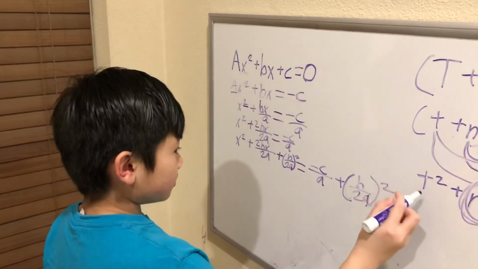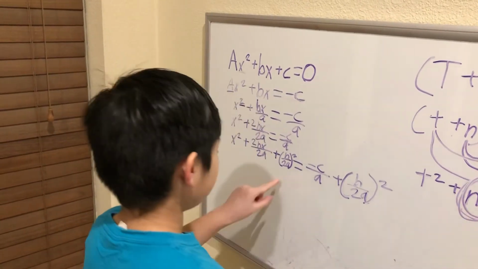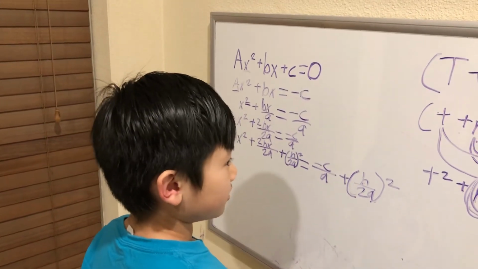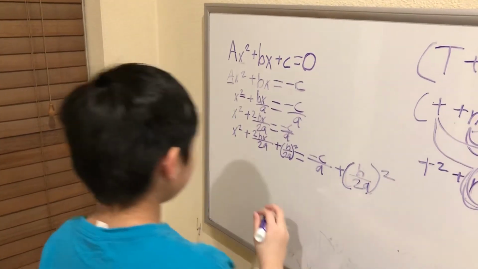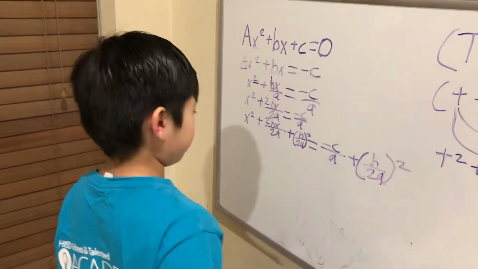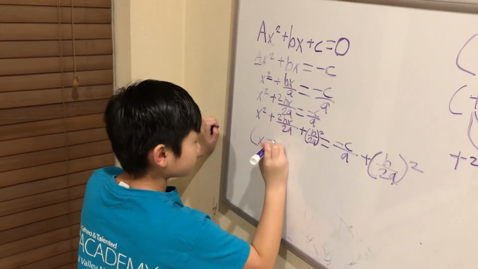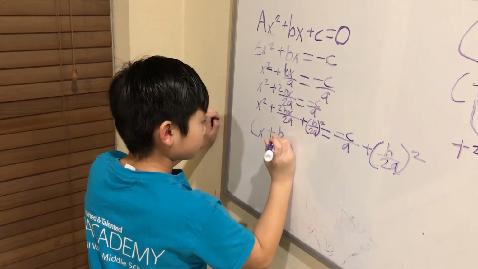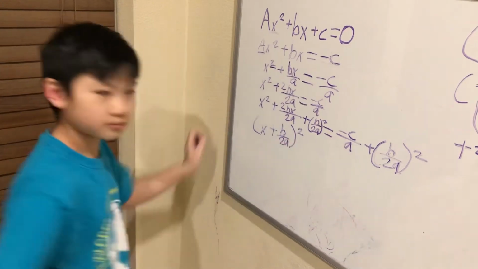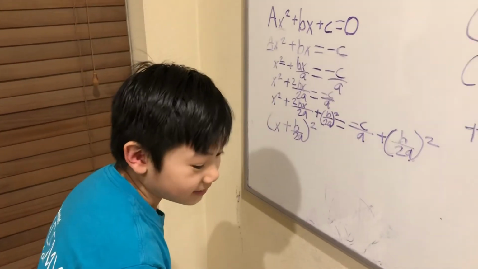So now, t squared, x squared, n squared, whatever this is, and 2tn is equivalent to this. So then we turn this into this form. That looks like this. Alright, and now it's easier.